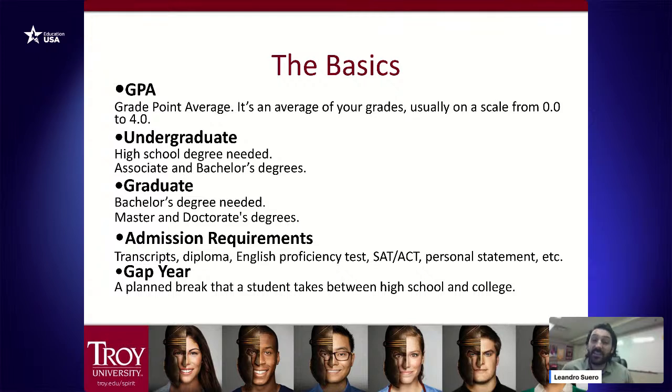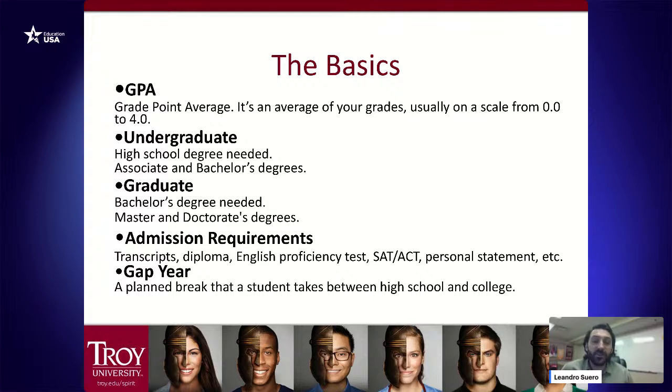So SAT and ACT, this is mainly for bachelor's degrees. And a lot of universities are now going test optional, meaning that they only use the SAT or ACT to determine if you're eligible for a scholarship, right? But they're not so much requiring it for admission purposes. Again, not all universities. Some universities are still requiring these exams for admission purposes, but not all of them.